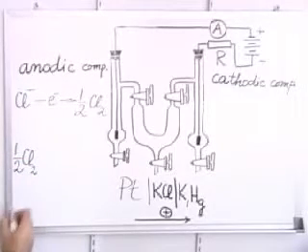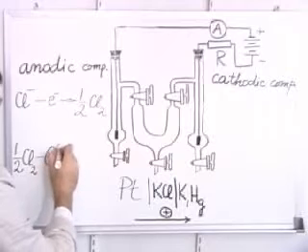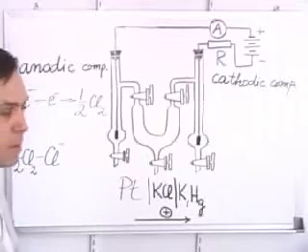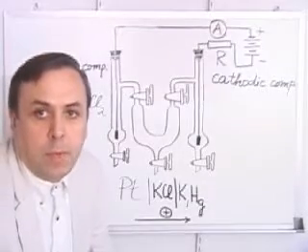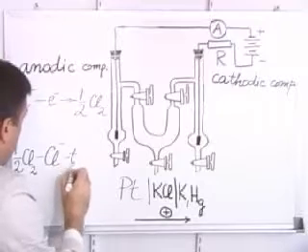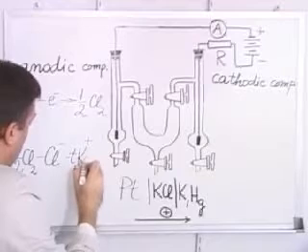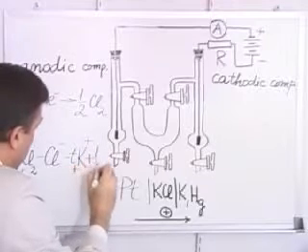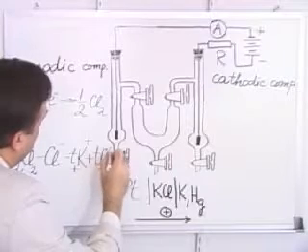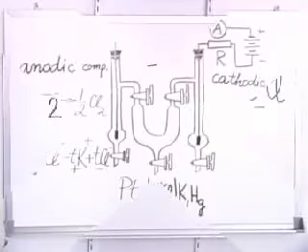This will lead to the loss of 1 mole of chlorine anions in the anodic compartment. And again, due to the finite mobility of the ions, T plus moles of potassium cations will be lost, and T minus moles of chlorine anions will be gained in the anodic compartment.